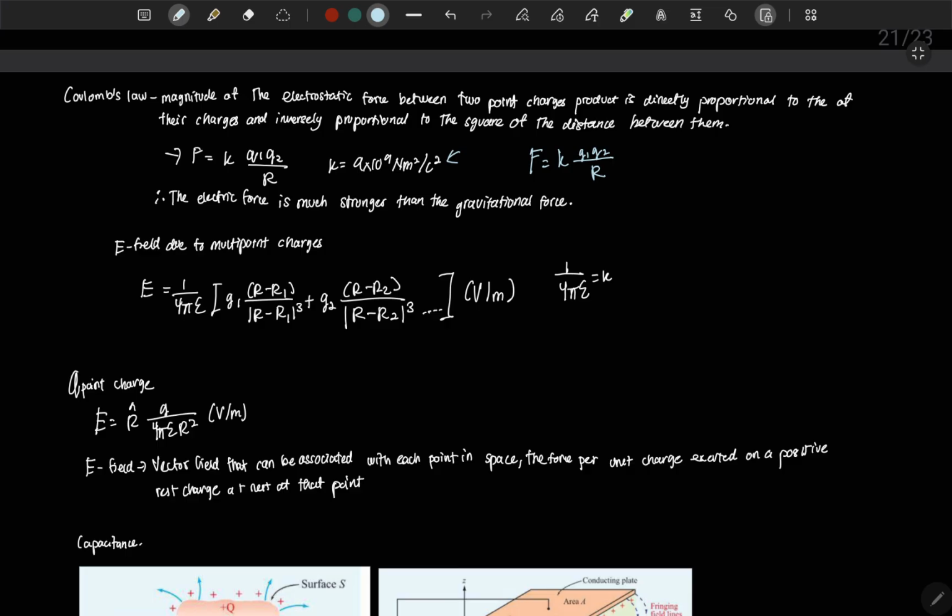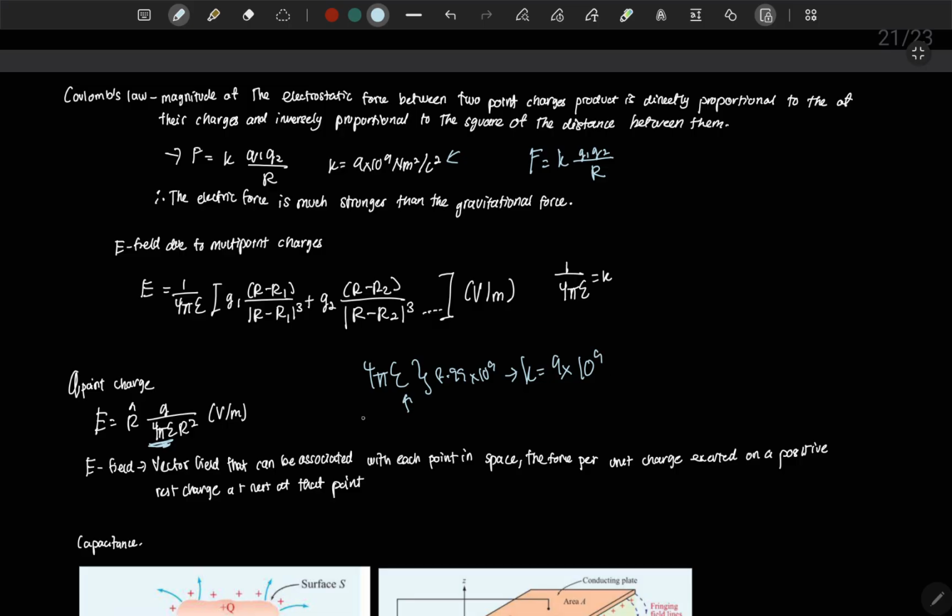If you notice here, this is 4 pi E, where E is the permittivity. In air we declare the total 4 pi E as 8.99 times 10 power of 9, but in some cases we make this K, which is equivalent to 9 times 10 power of 9.